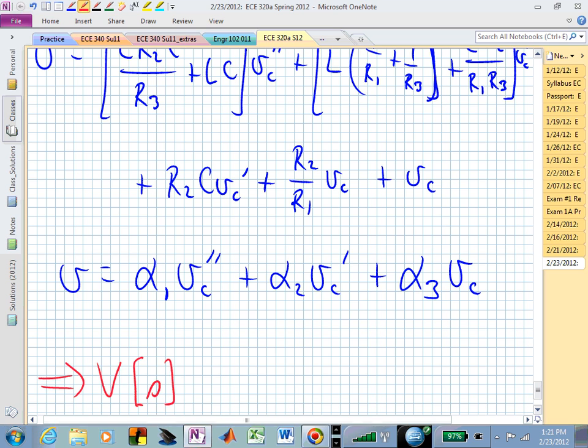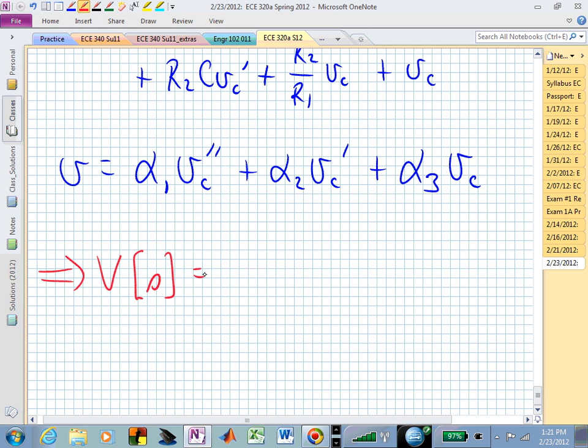What happens when I Laplace transform that second derivative? I'll do the hard part. It gets scaled by an alpha sub 1. But when you differentiate, what happens? What are you doing with the S? Now we're moving from the time domain into the frequency domain.